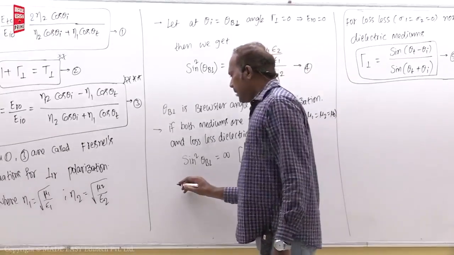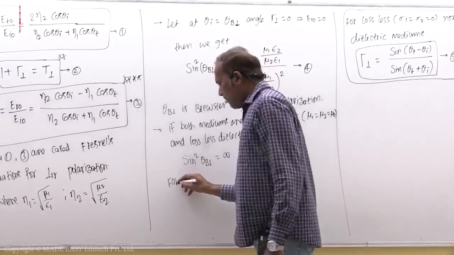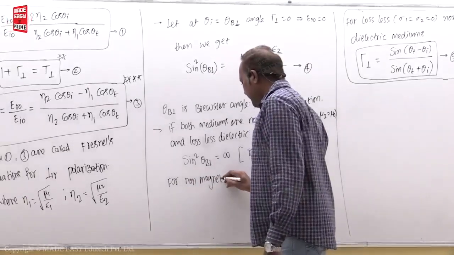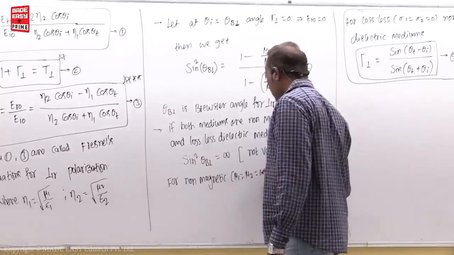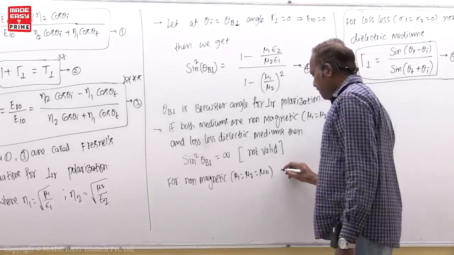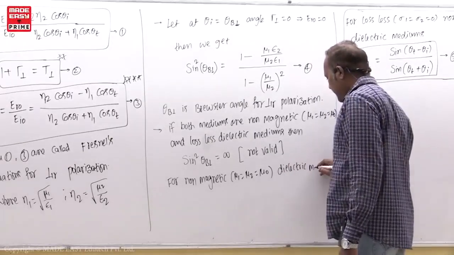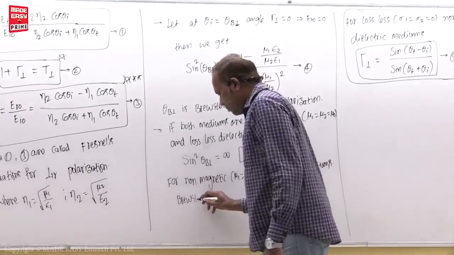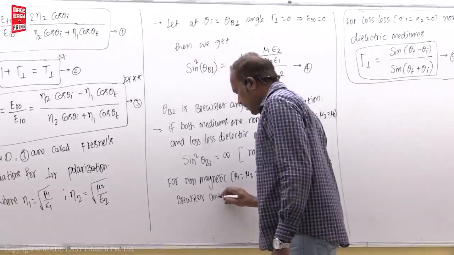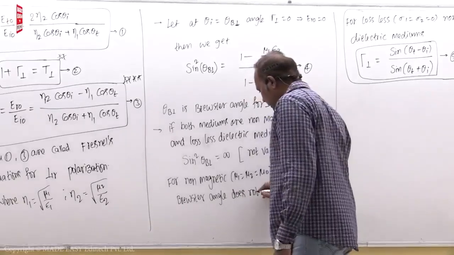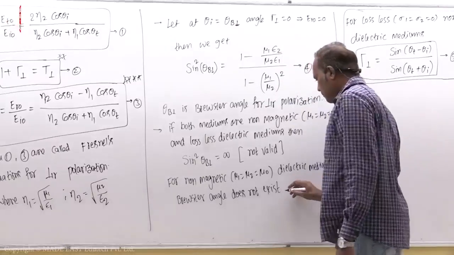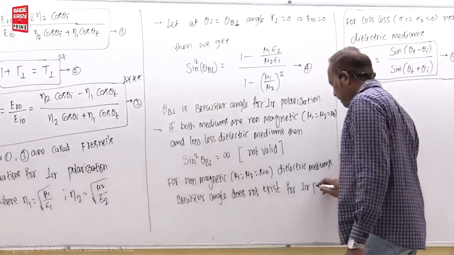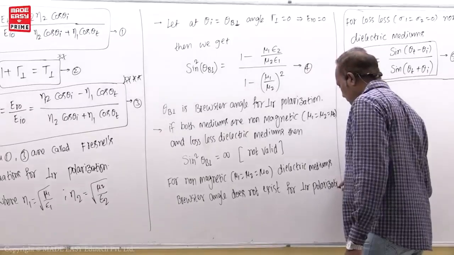So that is why I am writing here: for non-magnetic, that means mu1 is equal to mu2 is equal to mu naught, for non-magnetic dielectric mediums, Brewster angle does not exist for perpendicular polarization.